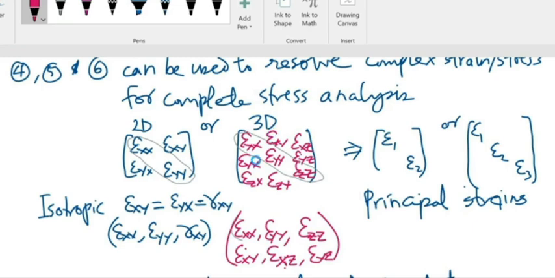So here we said we can be able to do complete stress analysis. It means here we can be able to determine the maximum principal stresses. At the maximum principal stresses, the shear stresses are what? 0 for 2D.